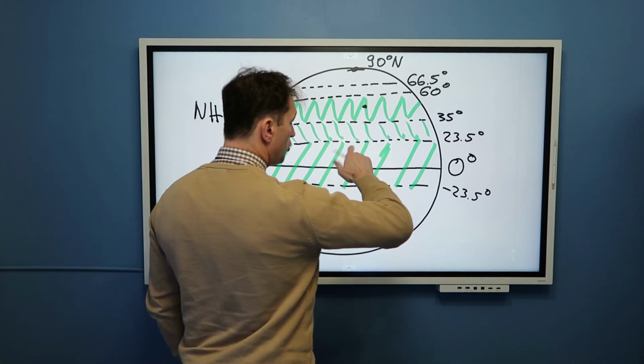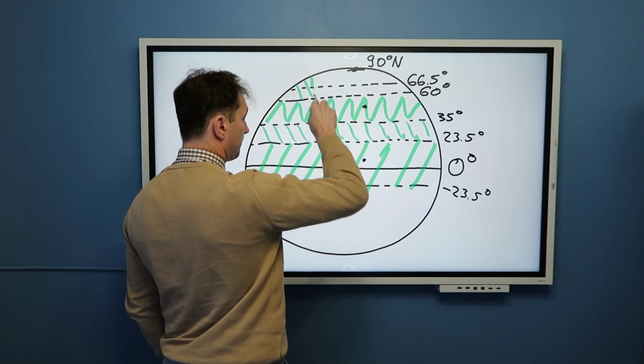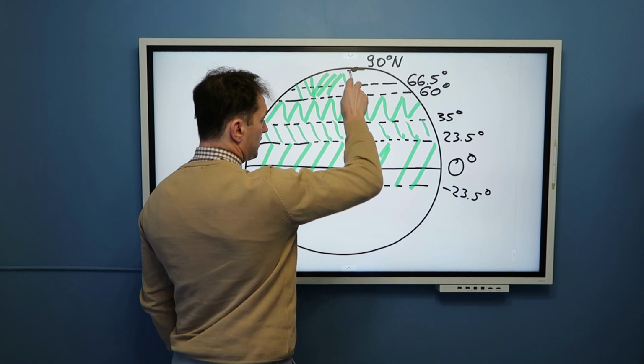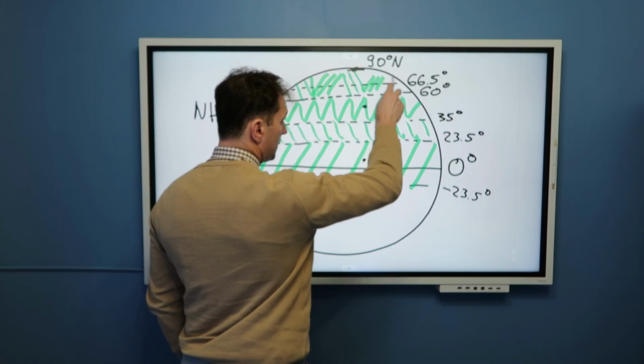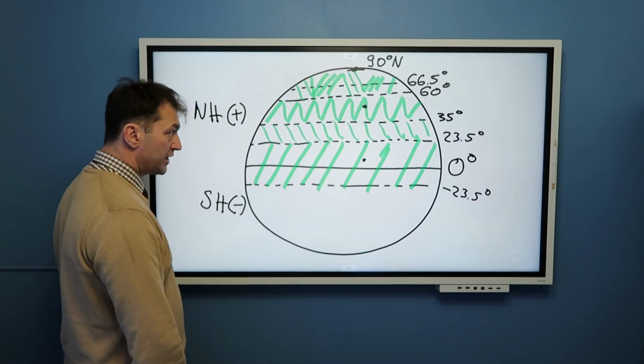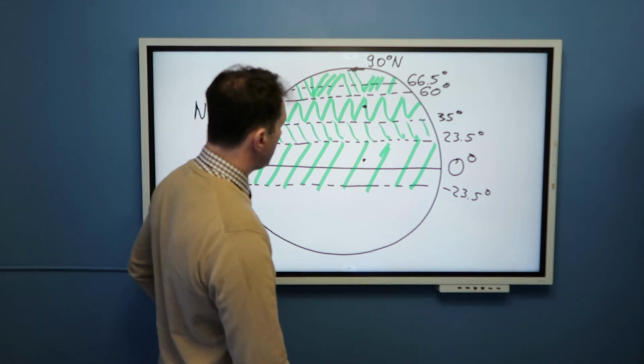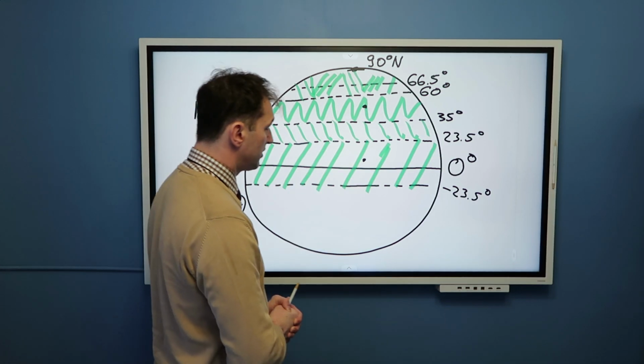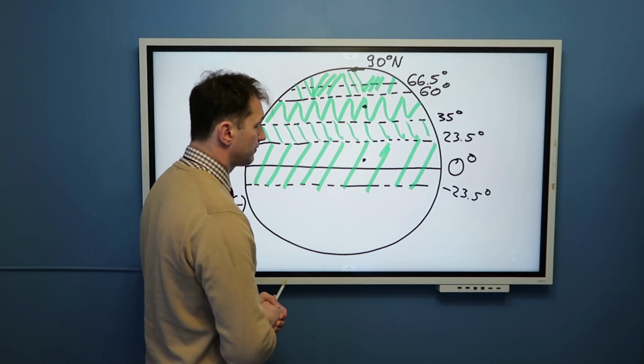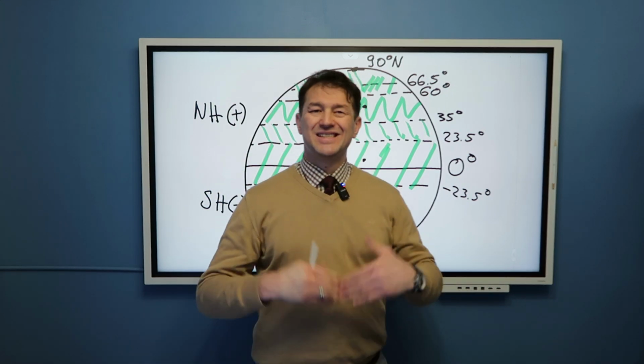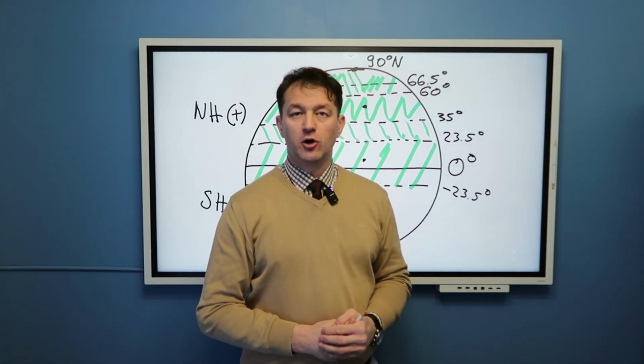And the region north of 60 degrees is known as the polar region, a very cold region of our planet, and the same applies, of course, for the southern hemisphere. Now let us discuss the concept of longitude.